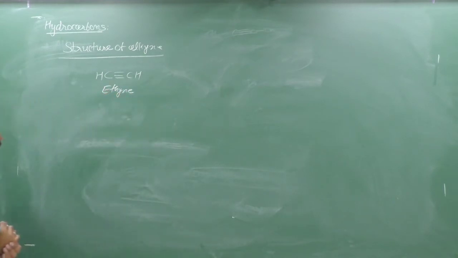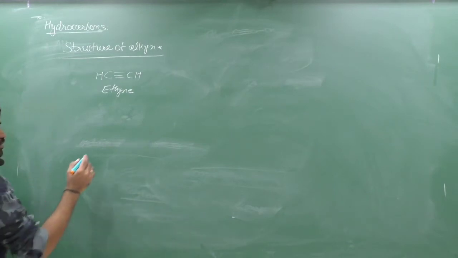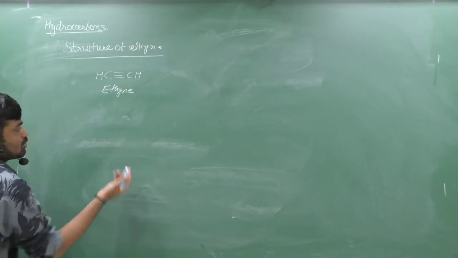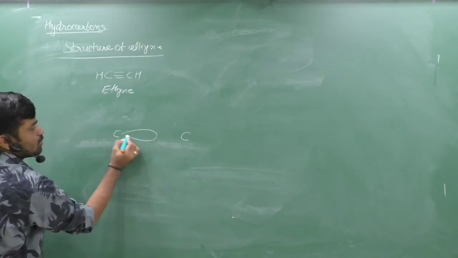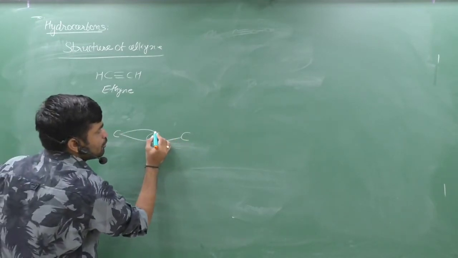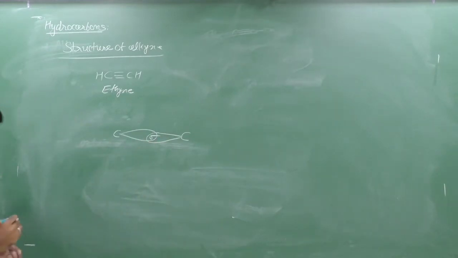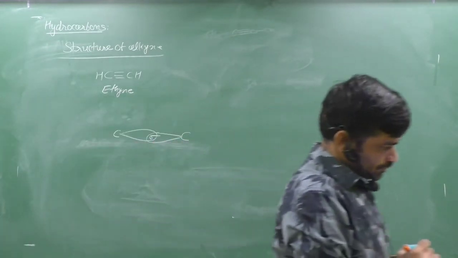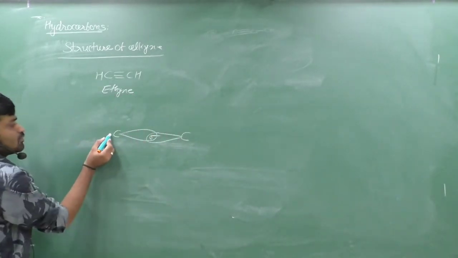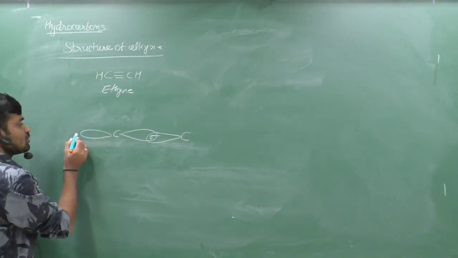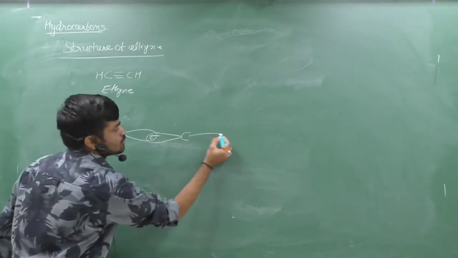Now, if you draw the electronic structure, or orbital structure, of this molecule, this is a carbon, and this is a carbon. These two carbons make one sigma bond with each other by sharing electrons, and one sigma bond with hydrogen.